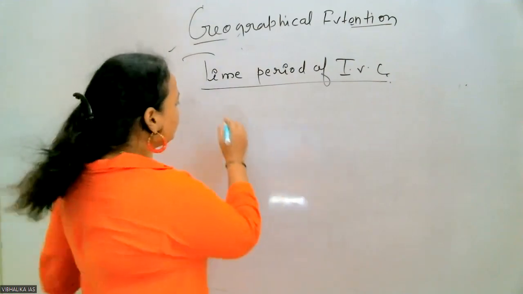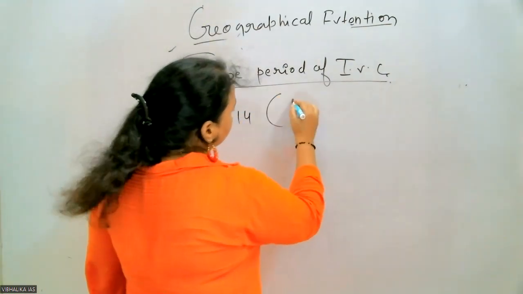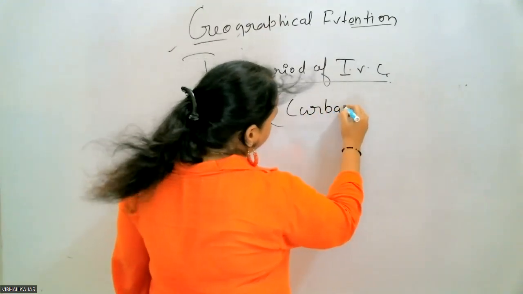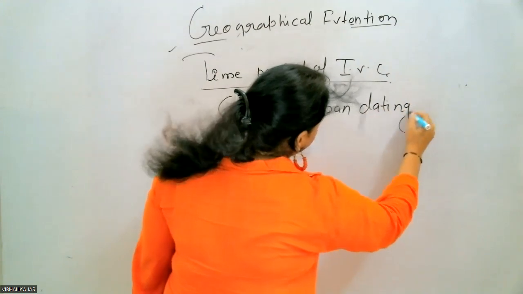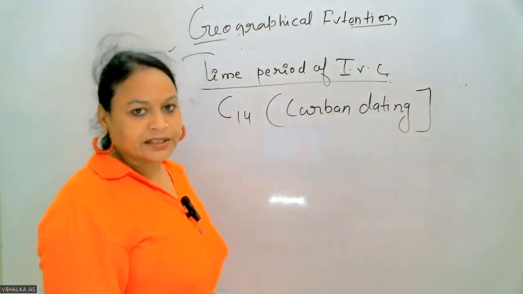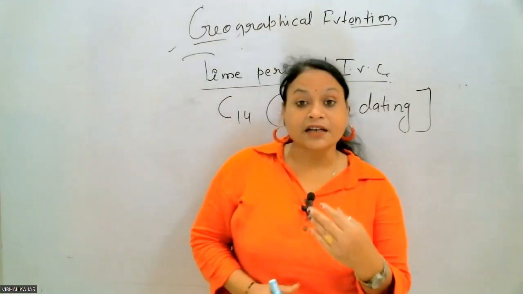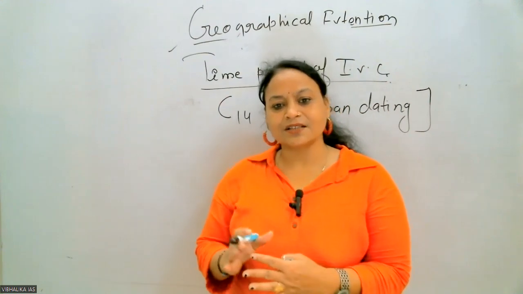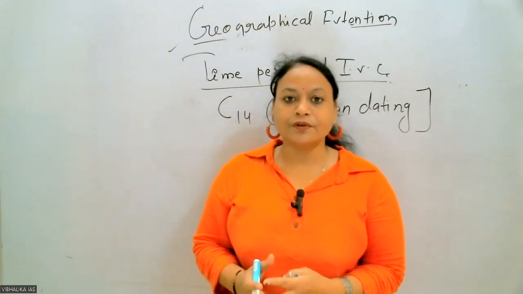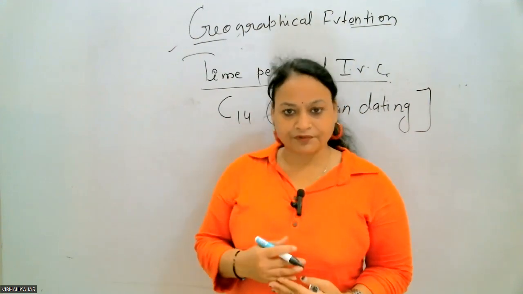Finally, you have heard about C14. This is called carbon dating. Students, each and everything is made of carbon, right? So we take carbon from the atmosphere, and when things die, they stop taking in carbon.